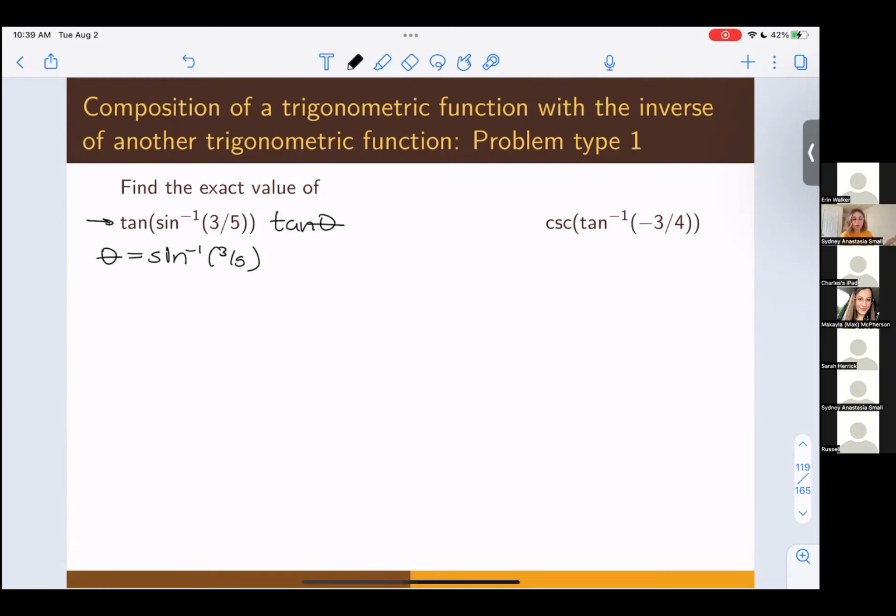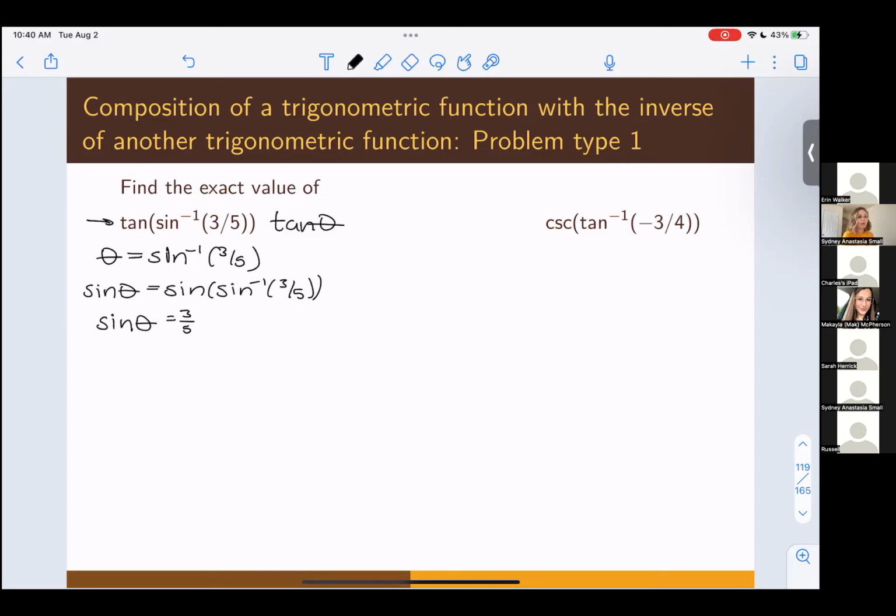We know how inverses work. We know that that means that if we take the sine of both sides, these two things will undo each other. So that means that the sine of theta is 3/5. This should look a little bit familiar.